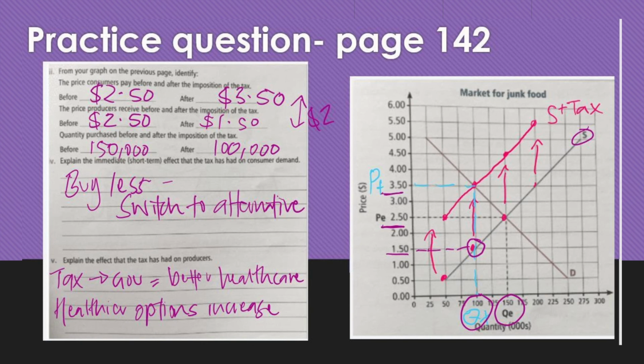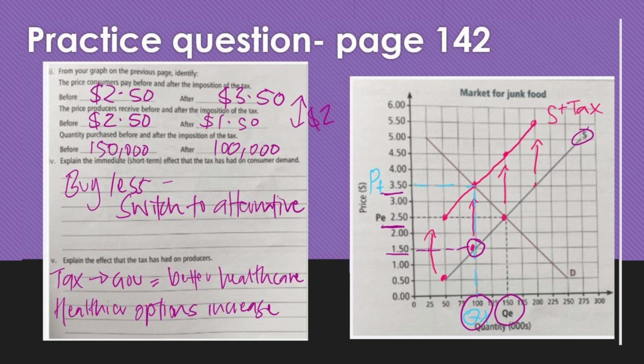So back to the question, the price producers received before is $2.50, that was our equilibrium, and after is $1.50. Alright, so that's how you find what the producers receive. And then another little trick is that it should be the difference of your tax. So if producers receive $1.50 and consumers pay $3.50, that is correct because we've got a $2 tax.